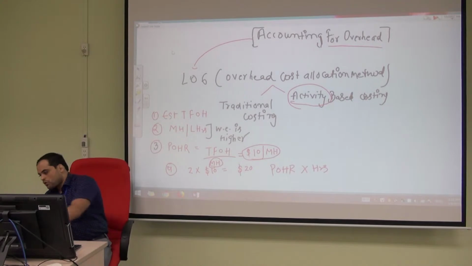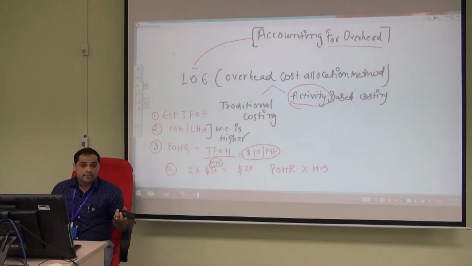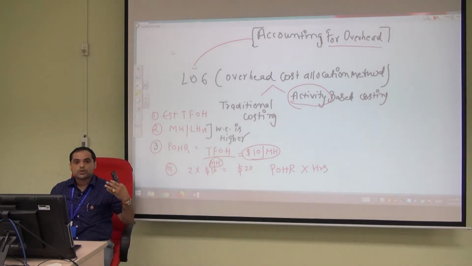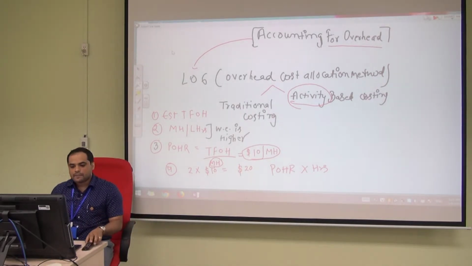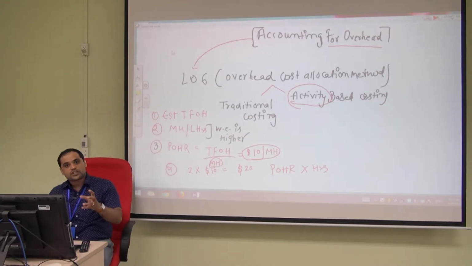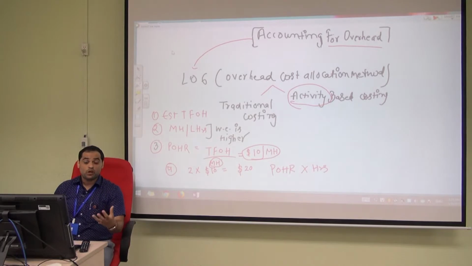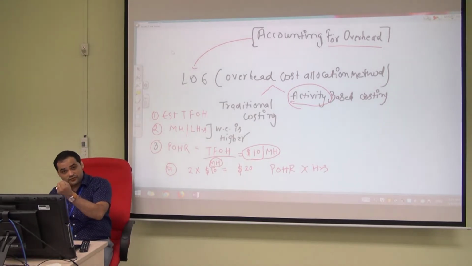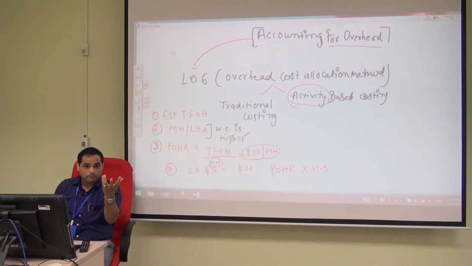When we produce a product, there are various kinds of activities that may increase your factory overheads. So we will categorize or collect total factory overhead from the various activities. We call it a cost pool. Each activity we will categorize in a specific pool. That's called the cost pool.